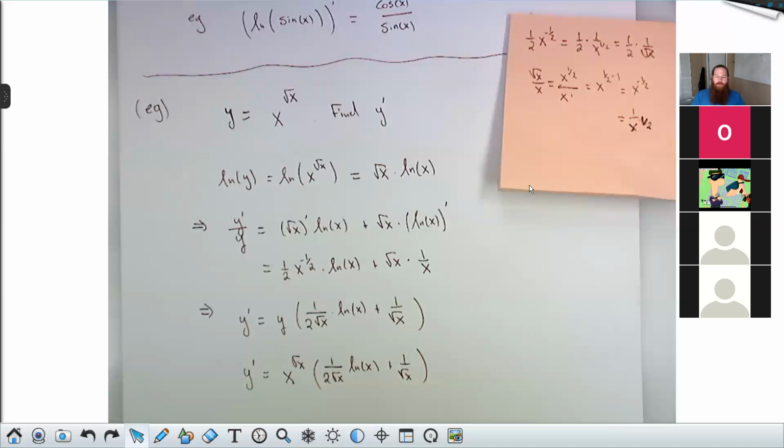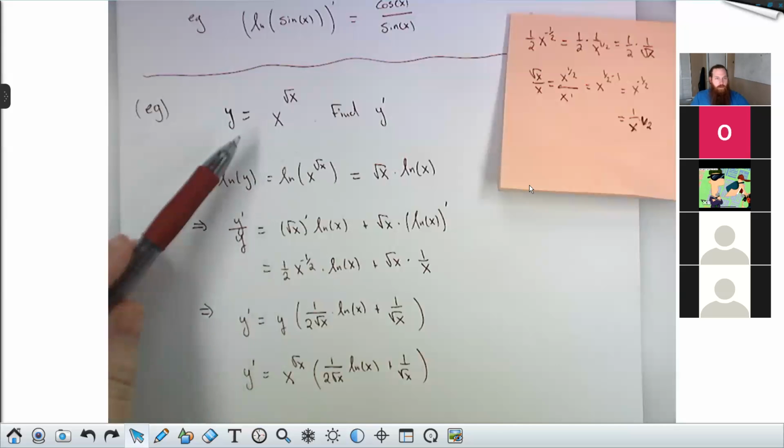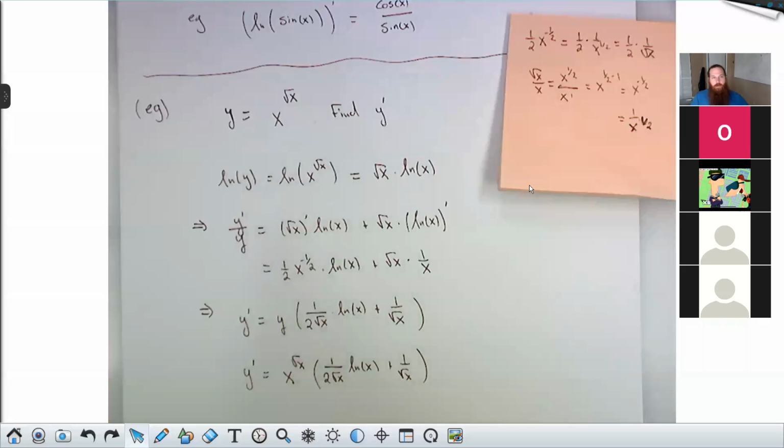So on the one hand, yes, I could force you to use logarithmic differentiation in a situation where you're capable of using both. Or I could give you a problem like this, and you would have to recognize that logarithmic differentiation is the only possible way to go. So you're responsible for knowing when you need logarithmic differentiation. And then you're also responsible for recognizing when it will save you time.